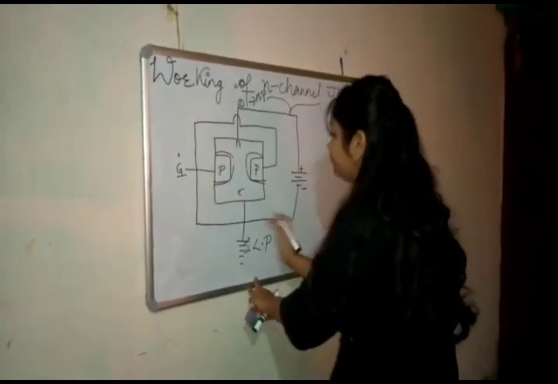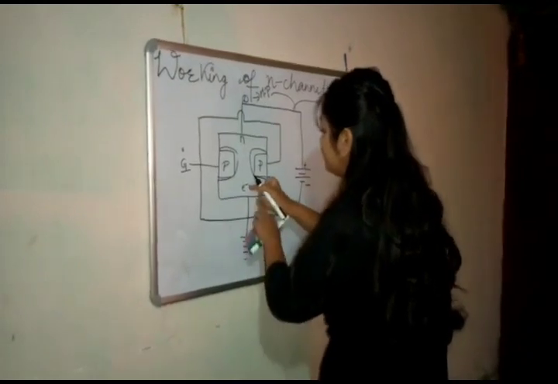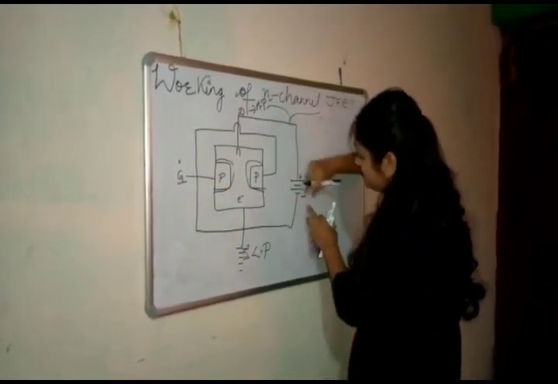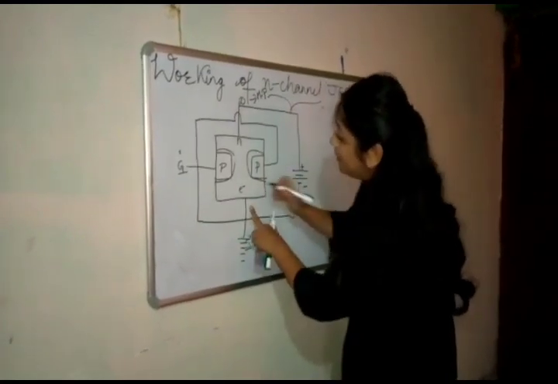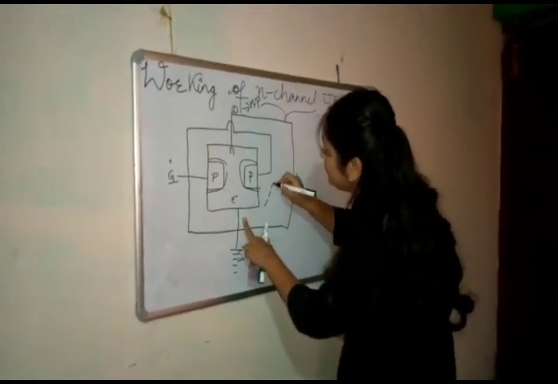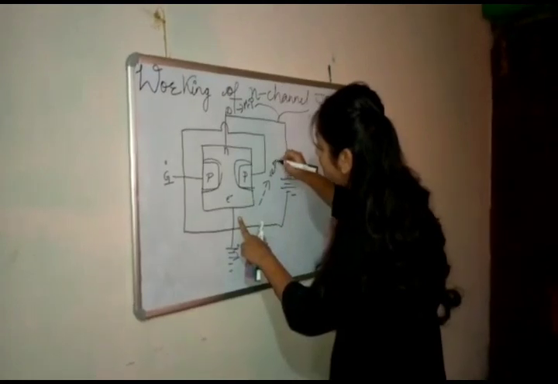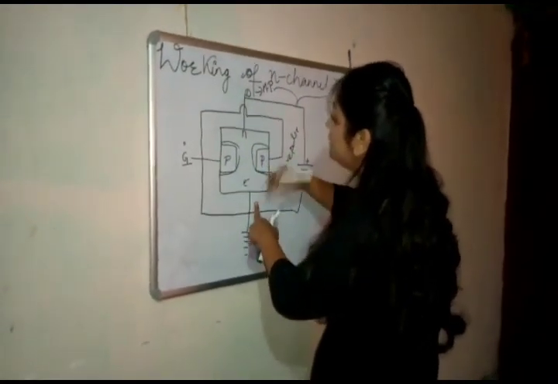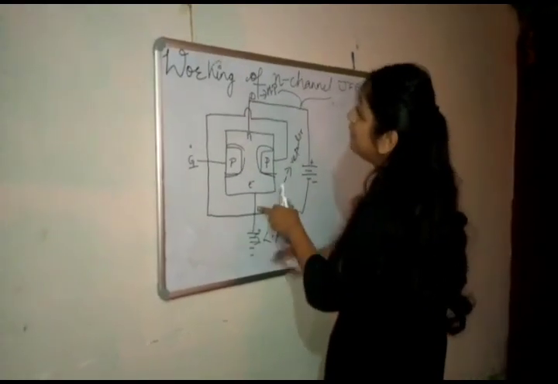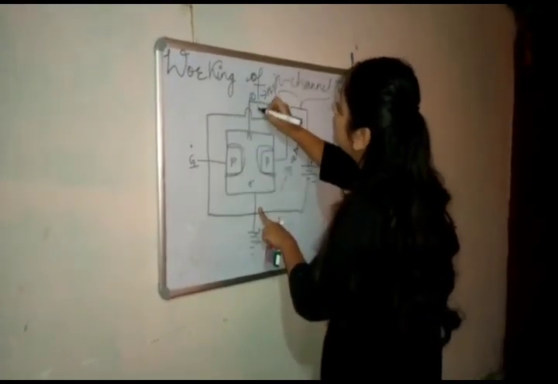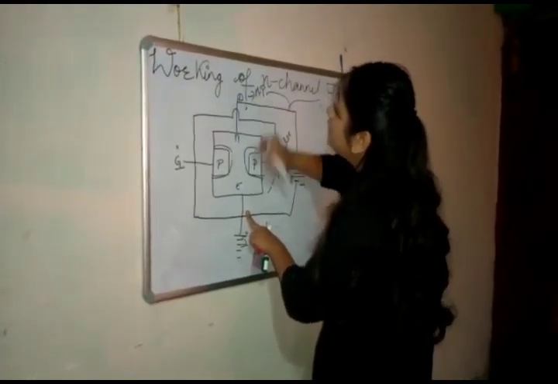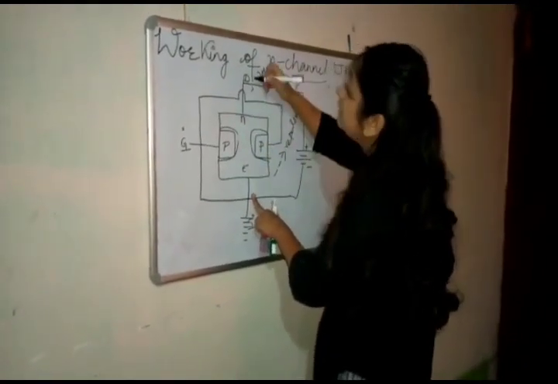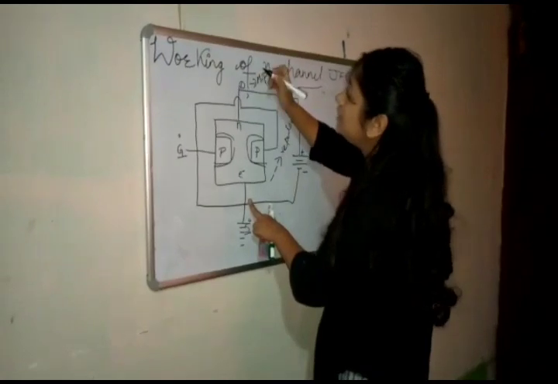Here the electrons are negative charge and the source also becomes negative because of the negative terminal of the battery. We know that like charges repel, so the electrons get repelled by the source terminal, and the drain terminal is the positive terminal. Negative and positive attract each other, so these electrons will get attracted by the drain terminal.